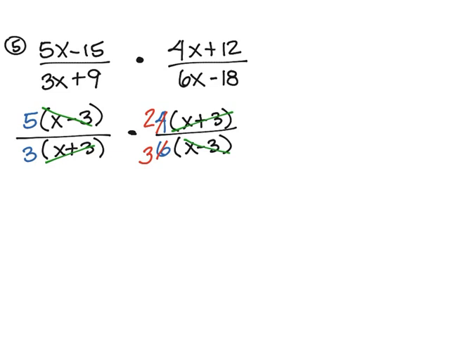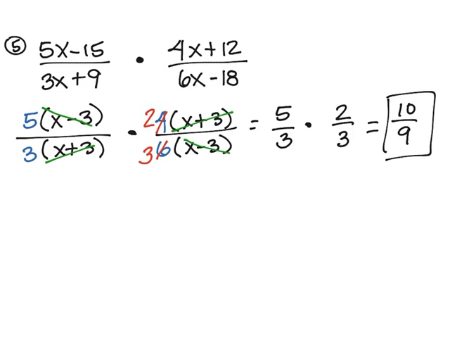Do y'all see that? So, if you need to write what's left, if you need to see it clearly, you just have whole numbers left. Does that make sense? 5 over 3 times 2 over 3. And nothing else reduces, so just multiply, and that's what? 10 over 9. Do y'all see that?